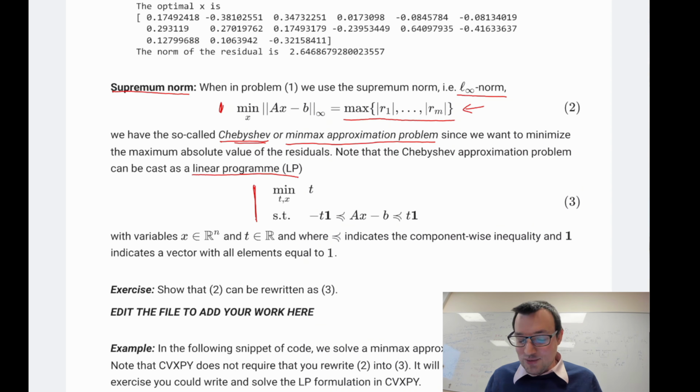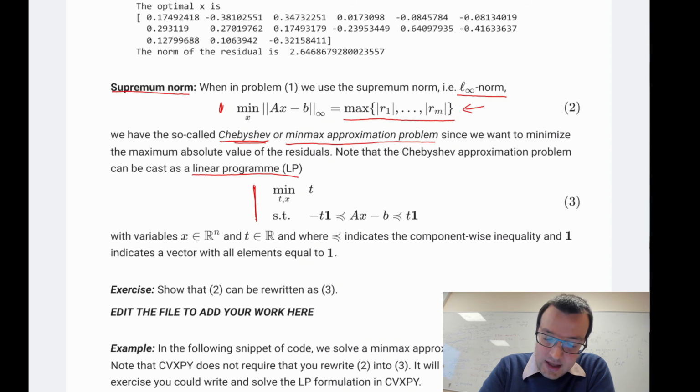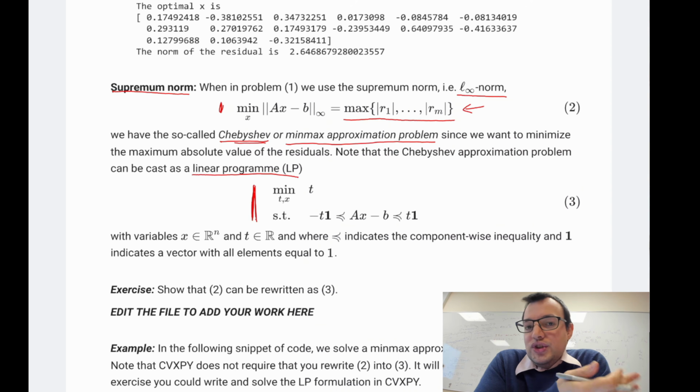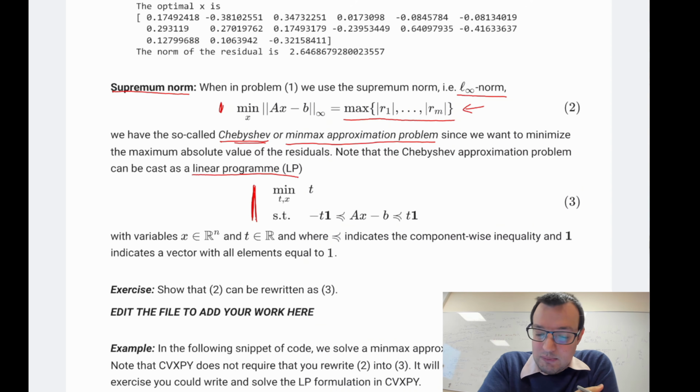And so this has to be a convex optimization problem. But it's interesting to look at a reformulation of this problem as a linear program, and what we obtain is this over here. So let's try to explain it, and you need to get used to reformulating problems in different ways. So it's good as an exercise to try to understand what's going on here.